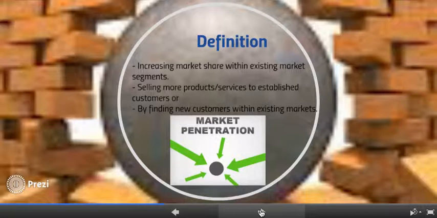Going to a restaurant they really like and ordering what they always do would also be the same. So putting this in a technical business context, we can say that it entails trying to increase market share within existing market segments and selling to established customers or finding new ones, but within the same market segment with the same product.